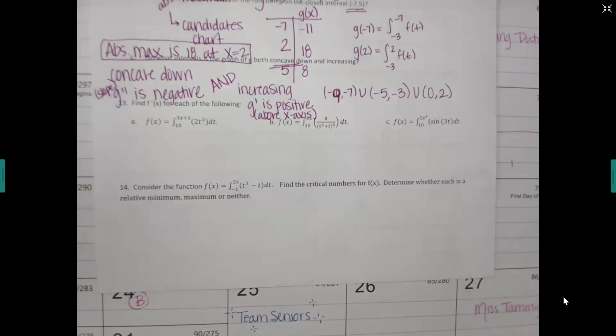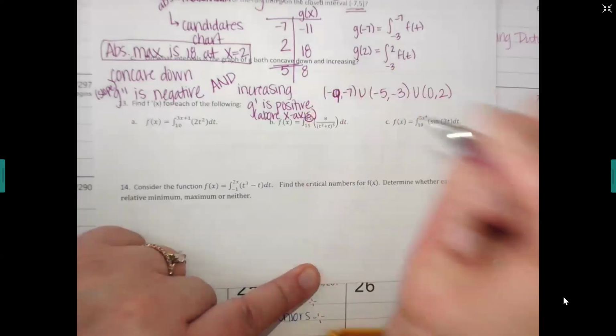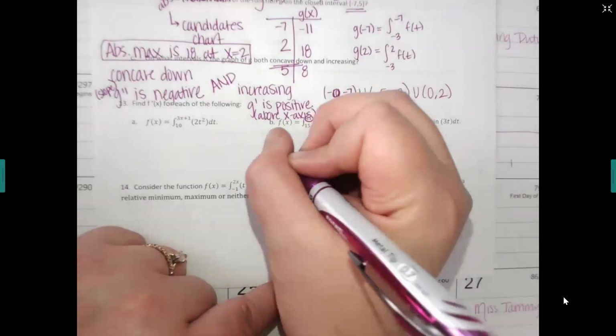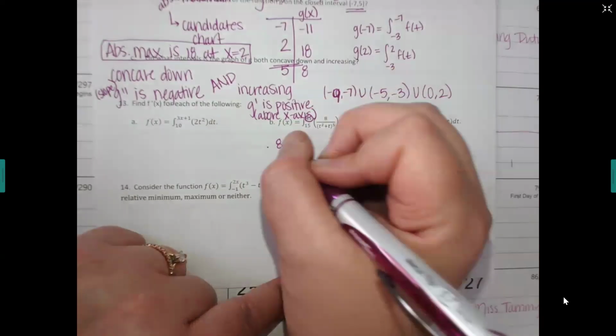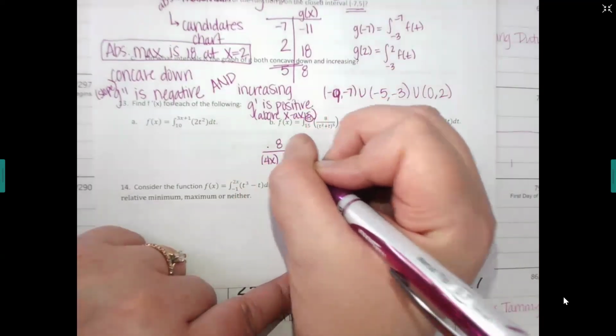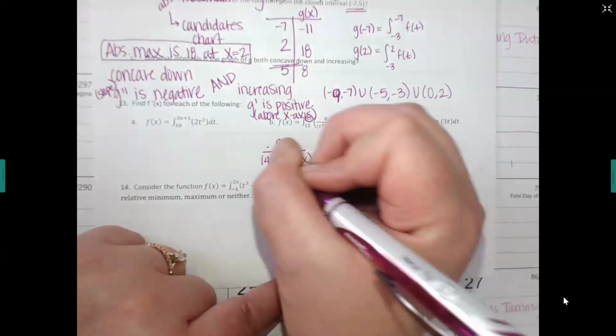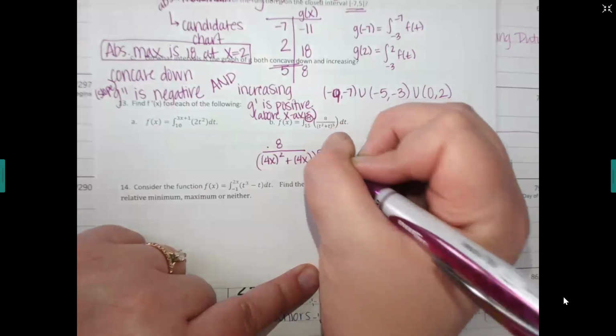And when I take the derivative of an antiderivative, remember they cancel out and I do a letter swap. So all of my t's are going to go in as 4x's. So instead of 8 over t squared plus t, now it's going to be 4x squared plus 4x to the 5th.